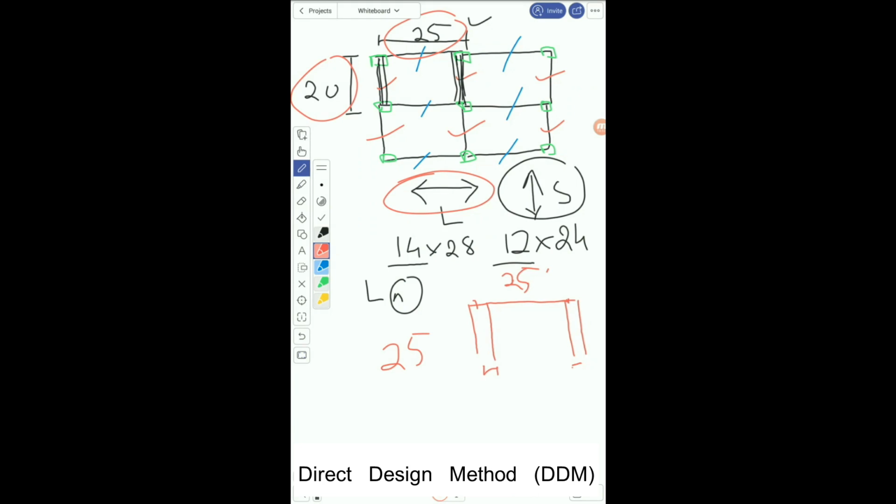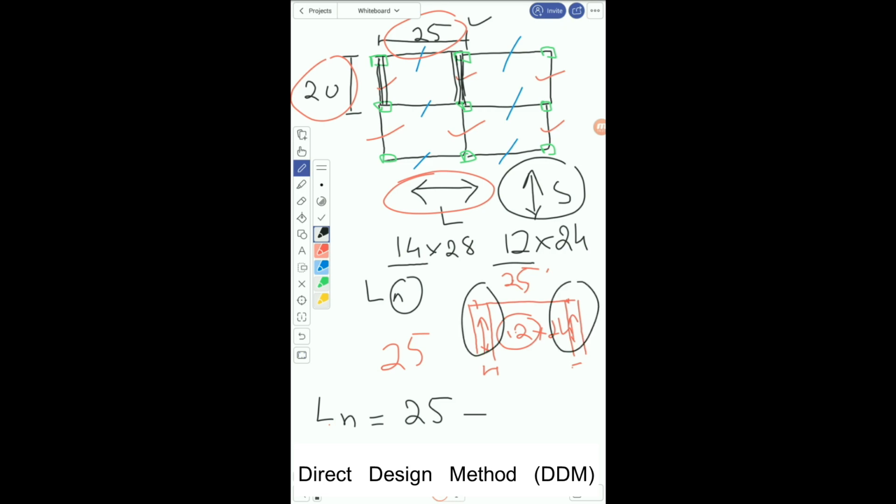Now the same procedure has to be done with the beam. The beams running in this direction are basically running in shorter dimensions. So the beam here and the beam here, both of them are 12 cross 24. So the width I'm going to consider here is 12 inches. So the answer for Ln equals 25 feet minus this width, half from here and half from this side.